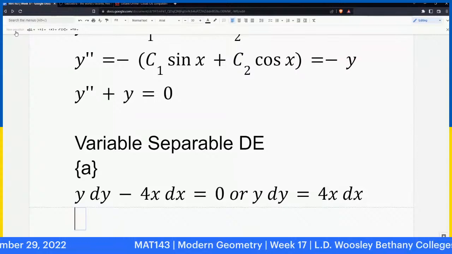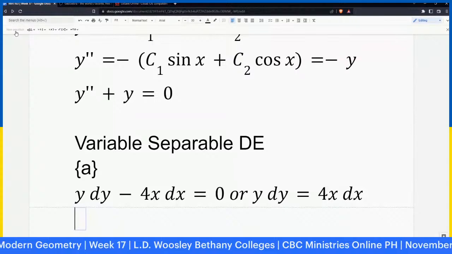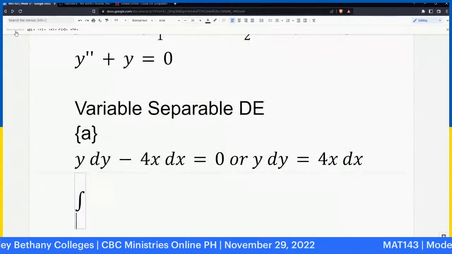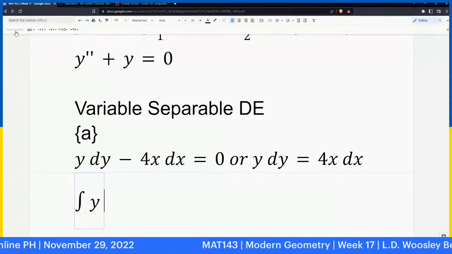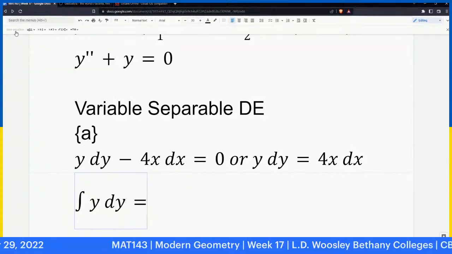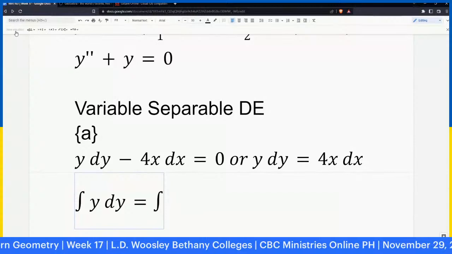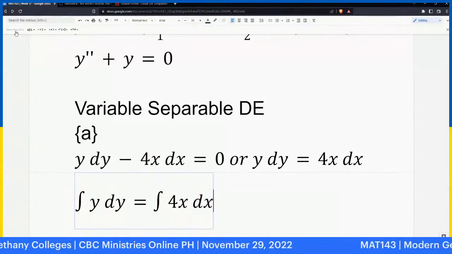Yes po. Okay, afterwards, after you separate it in both left and right side of the equation, you perform the indicated integration. You could now integrate the indefinite integral of y dy is equal to the integral of 4x dx. Okay? So that's how you do it.